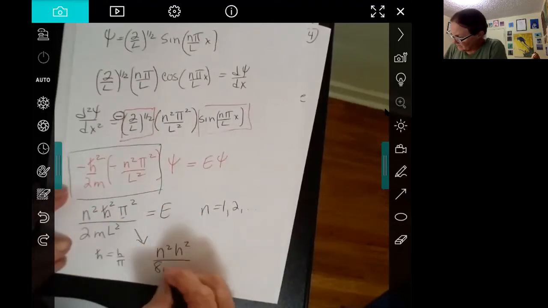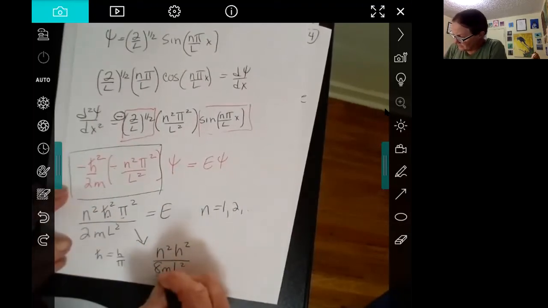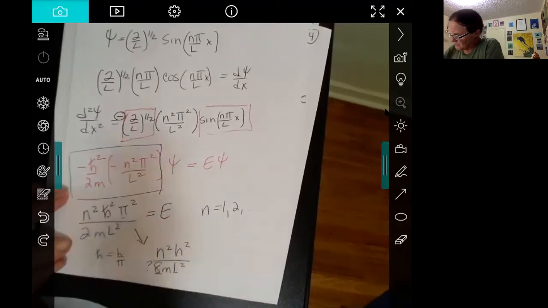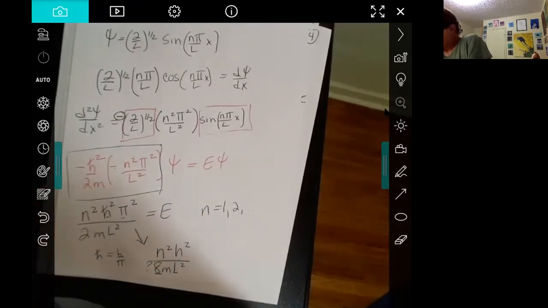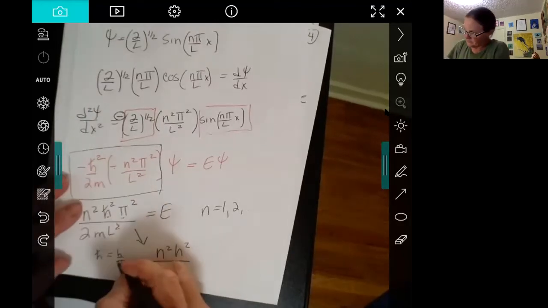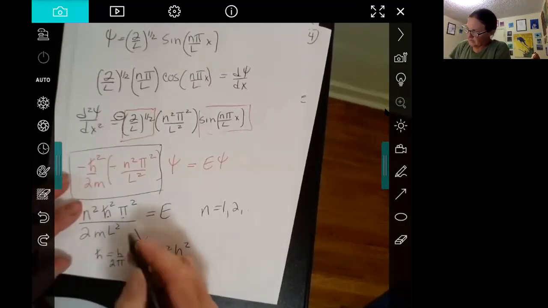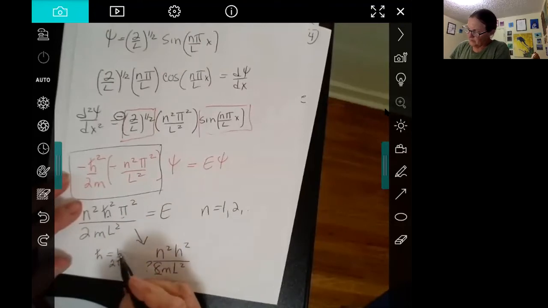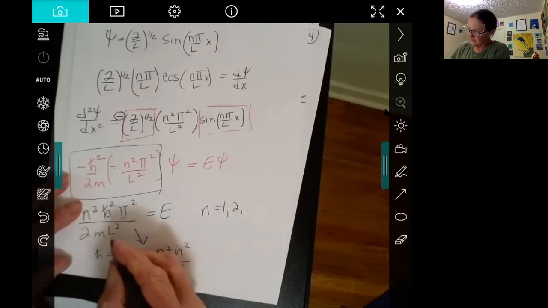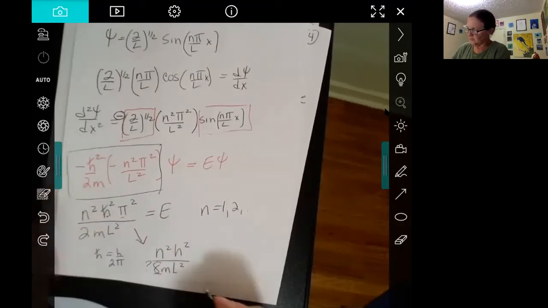That should be 8. Where did I drop a 4? Oh, there's a 2 here, that's why. So the pi's cancel, but you get h over 2 twice. So you get h over 4 times 2 gives you 8.